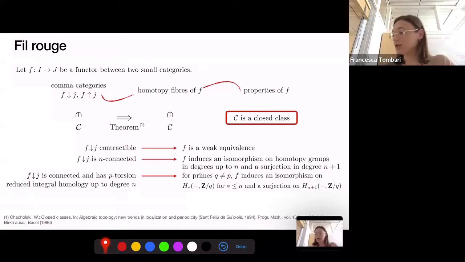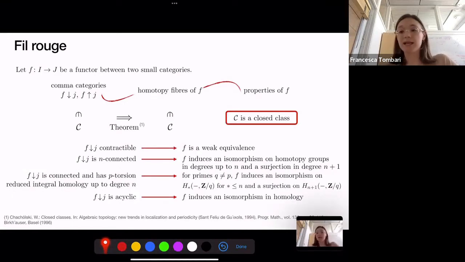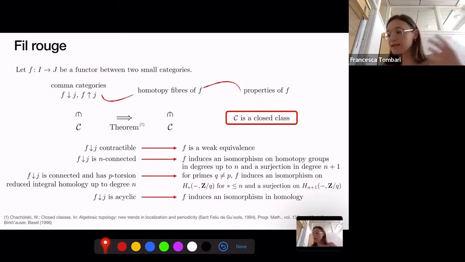And again, a surjection in degree n+1. Or even more, if the comma categories are acyclic with respect to some homology theory, then F induces an isomorphism in the same homology theory. So those are all examples of closed classes in which the categorical fibers might belong and tell you something about the functor.